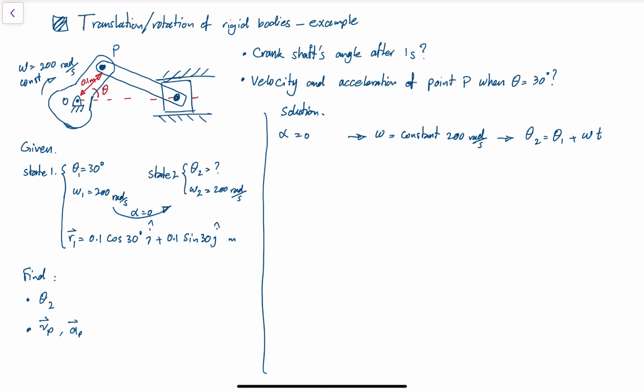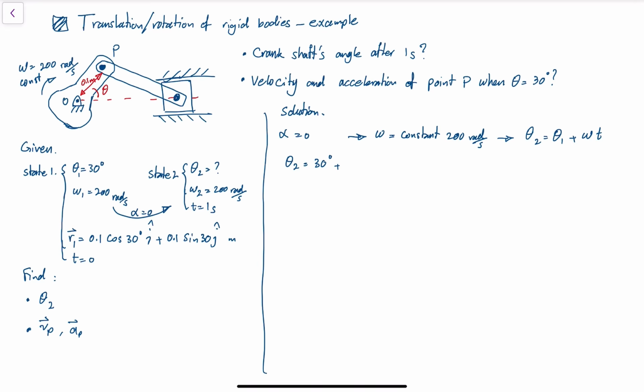Oh, one other thing. I realized I could have done this better. So this is when I start my stopwatch. At this state, I know time is 1 second. I missed that part. So omega t, all good. So let's put numbers. I have theta 2 is 30 degrees at the beginning, plus, well, I have to convert everything to same set of units.